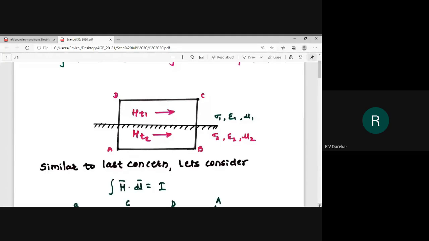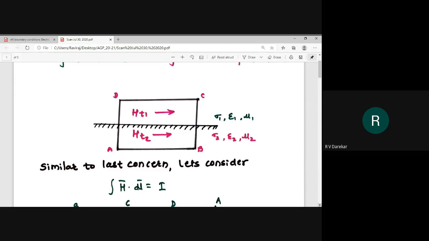I would like to revise once again that in circuit theory, there is a value called resistance. In field theory, there are two components, permittivity and permeability, out of which permittivity opposes the electric field, and permeability, denoted by mu, is the opposition due to the magnetic field.